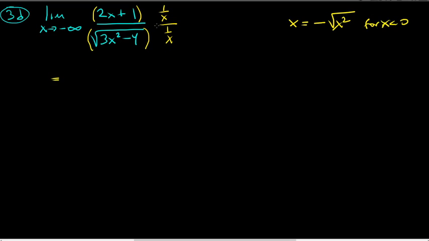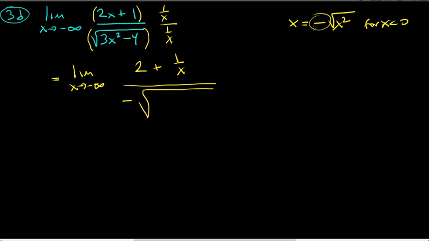So the next step is to turn the numerator, keeping the limit, into 2 plus 1 over x, and the 1 over x goes to 0, divided by, now you can incorporate this inside as long as you take out a negative, right? This negative up here. So this will just be 3x squared over x squared minus 4 over x squared.